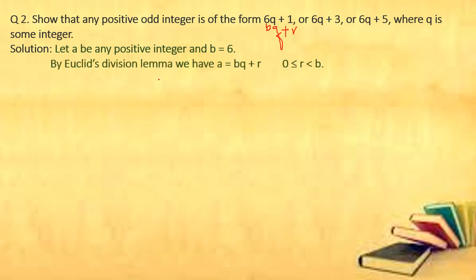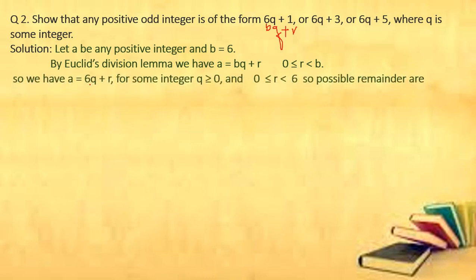Now we know that by Euclid's division lemma, any number can be represented as a equals bq plus r, and the value of r is always greater than or equal to 0 but less than b. Now putting b equal to 6, we get a equals 6q plus r for any integer q, representing the quotient, which is always greater than or equal to 0.